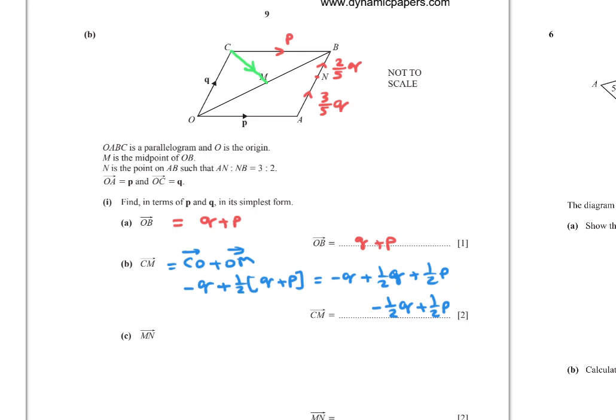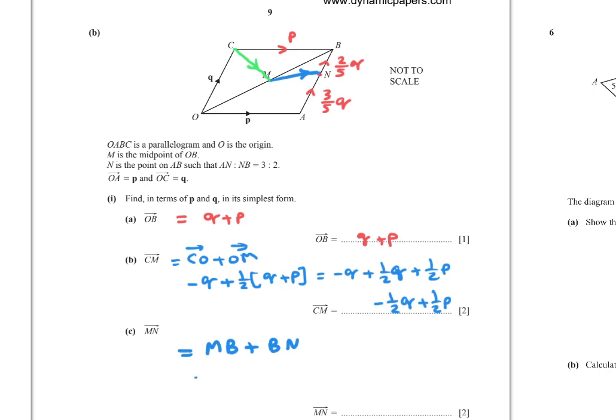MN. To find MN, you can find MB plus BN. So MN equals MB plus BN. MB is the same as OM, half OB.